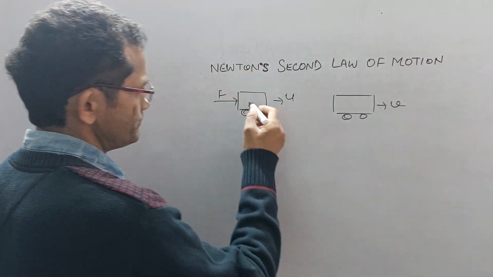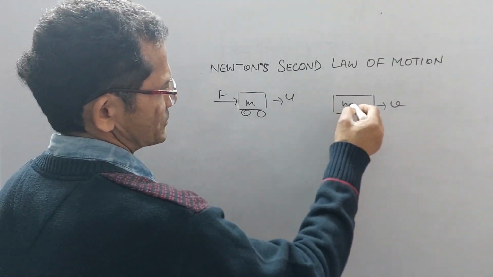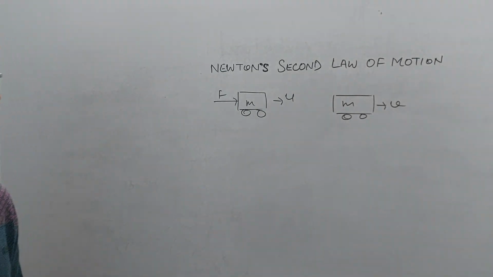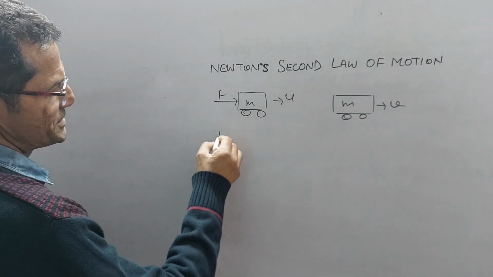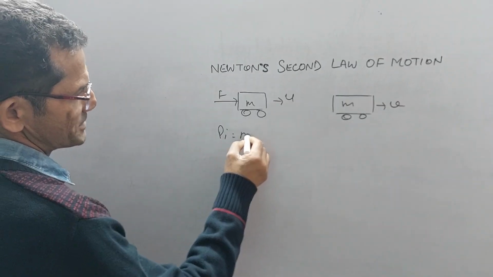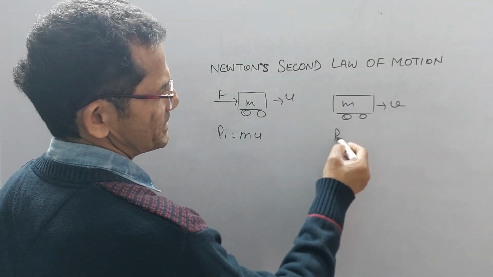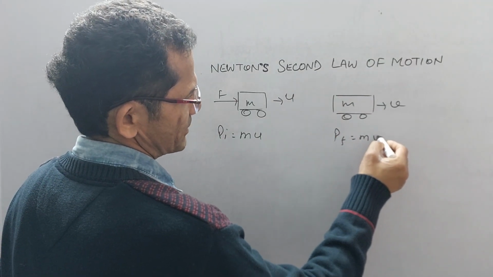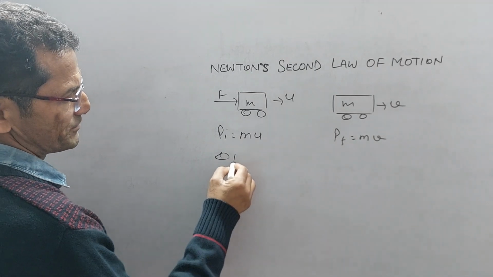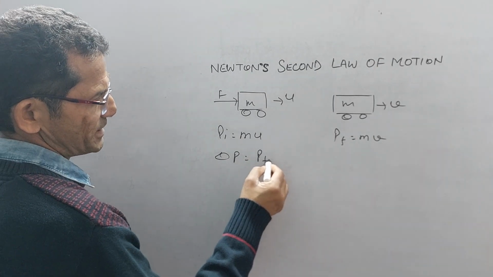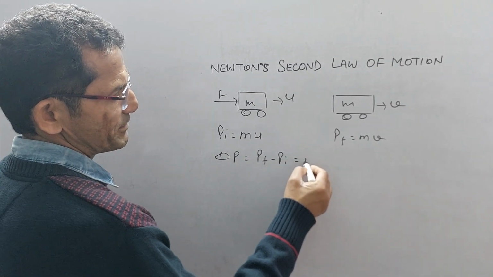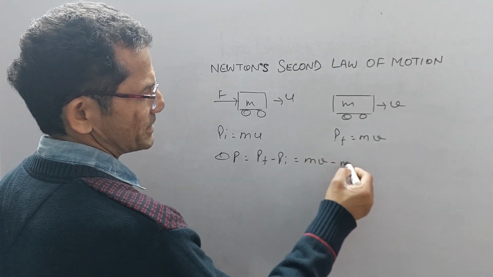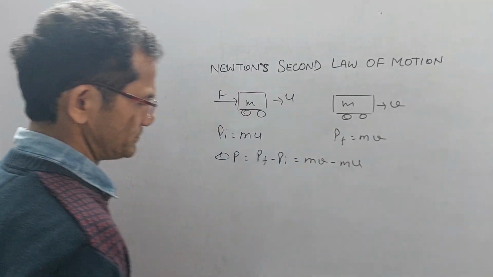Suppose m is the mass of this object. Initial momentum is mass times velocity, mu, and final momentum is mv. The change in momentum, delta P, means final momentum minus initial momentum. Now it becomes mv minus mu.